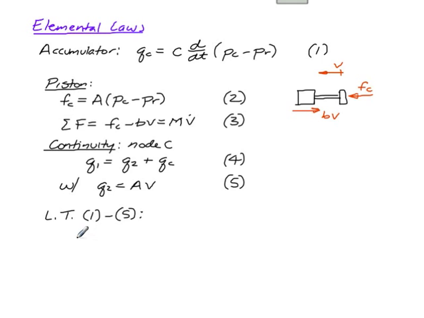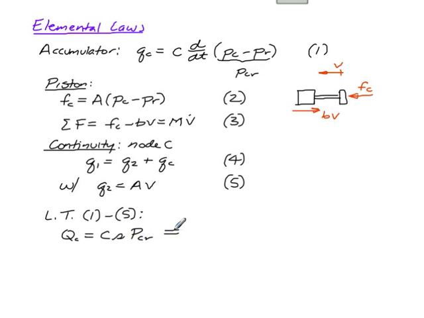Okay. So what I'll do is the Laplace transform of equation 1, that gives me QC is equal to C times S times, and I'm going to shorthand this and just call this PCR, the Laplace transform of PC minus PR.